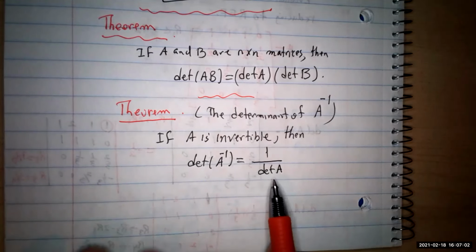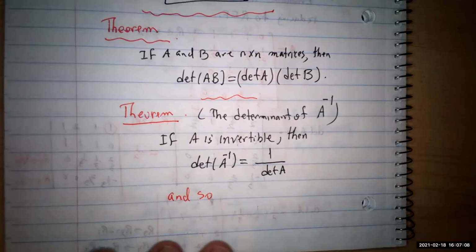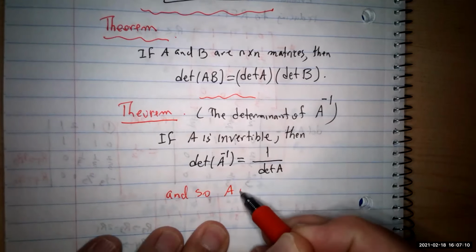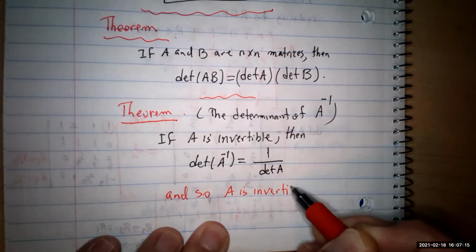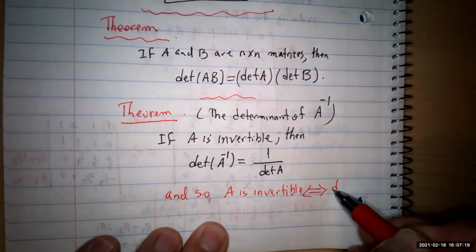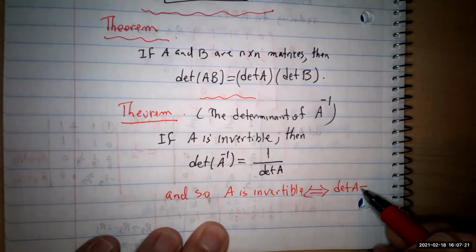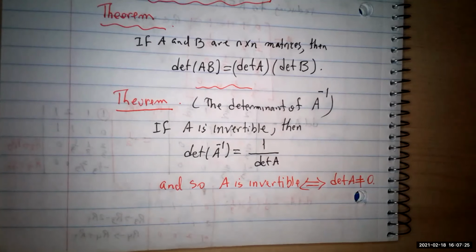So the conclusion from here, and that is important for us: A is invertible if and only if the determinant of A is not 0. This is the quickest way to check to see if a matrix is invertible, and we're going to use it quite a lot.